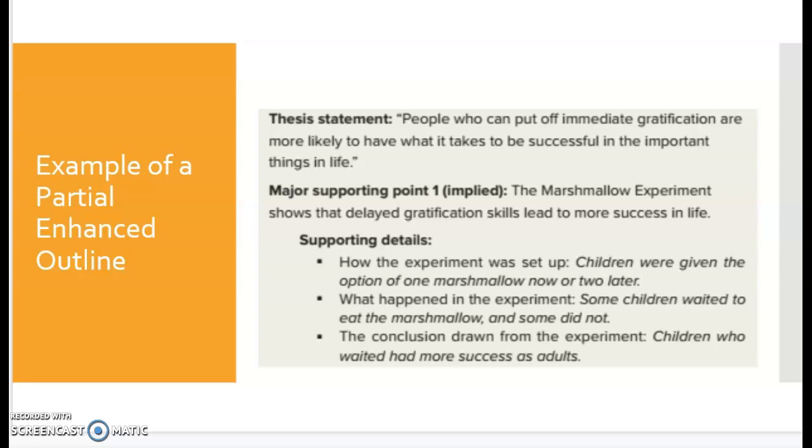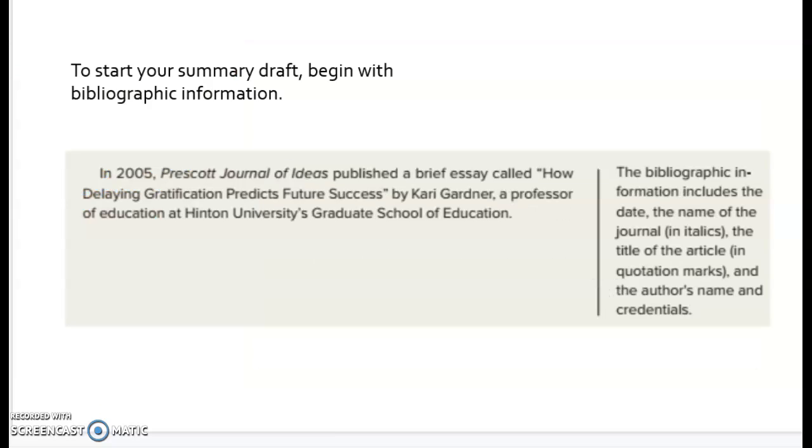And then you would go to main idea number 2 and major supporting details if there are any. Then you would work your way through the article, turning your marks and annotations into your outline. Okay. Once you do that, you're ready to create your rough draft of your summary.